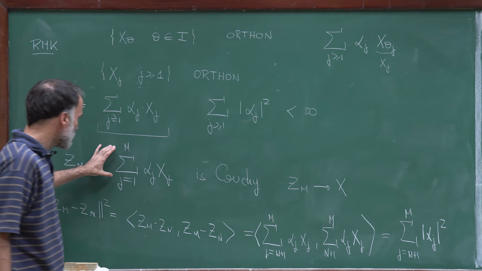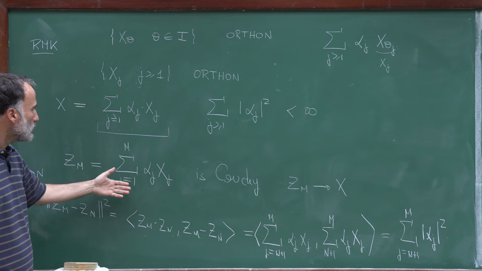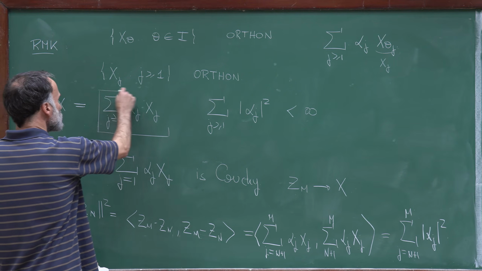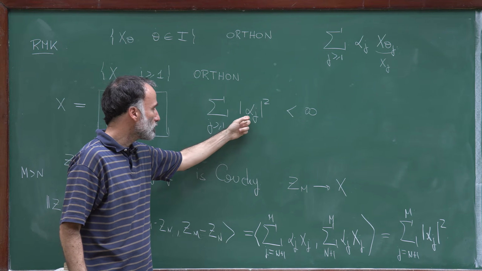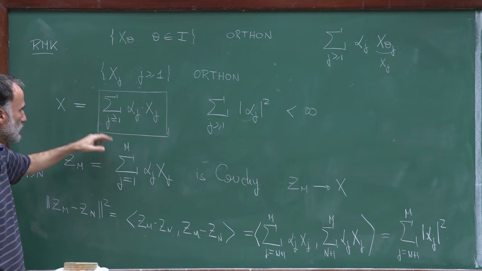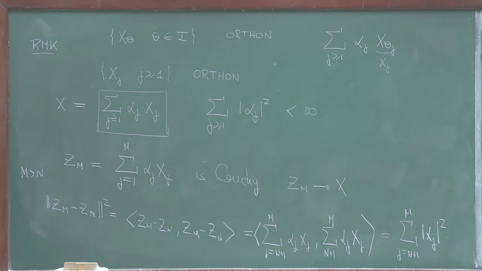Therefore, this sequence of partial sums converges, and I represent the limit of this sequence by this infinite sum. So when I write this infinite sum, and I'm allowed to write it whenever this sum is finite, what I mean is the limit of this Cauchy sequence.